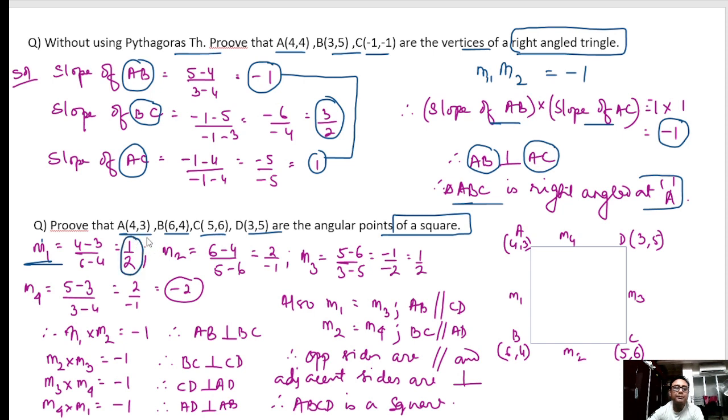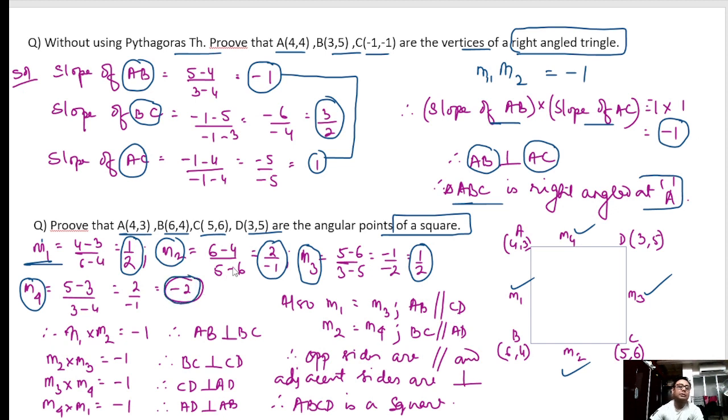Half. M2 is how much? -2. M3 is how much? Half. You can see M1 is the slope of AB, M2 is the slope of BC, M3 is the slope of CD, and M4 is the slope of AD.